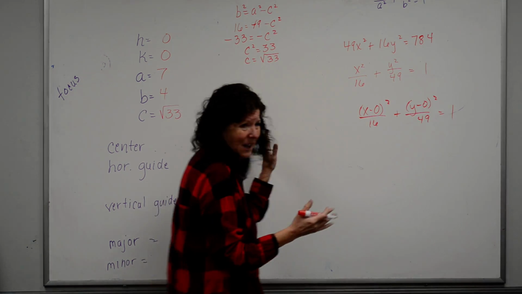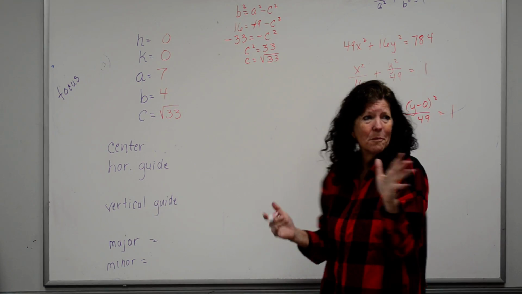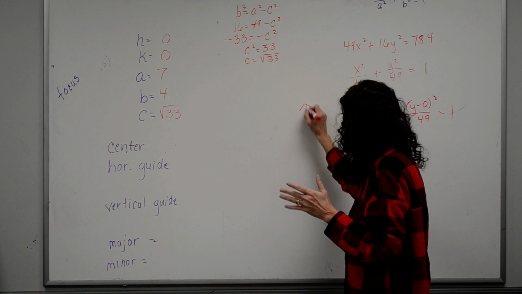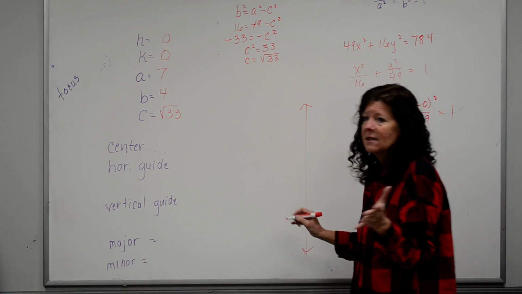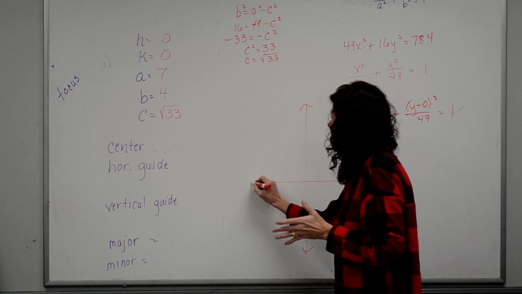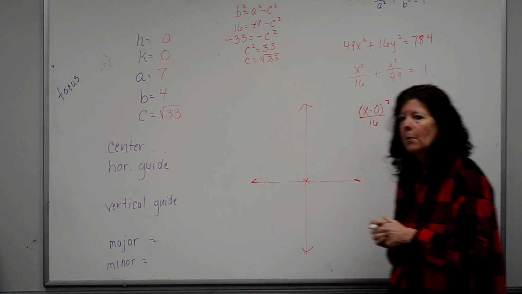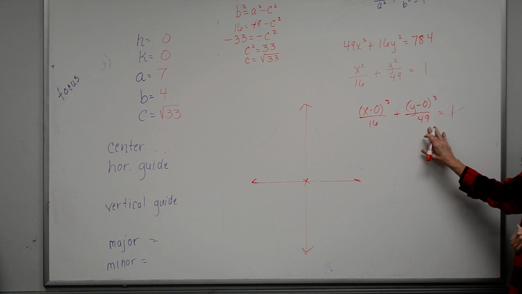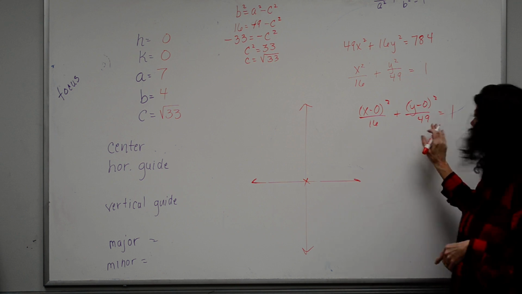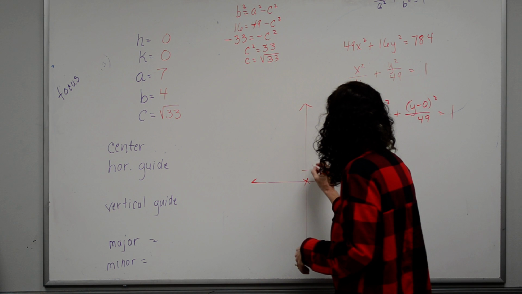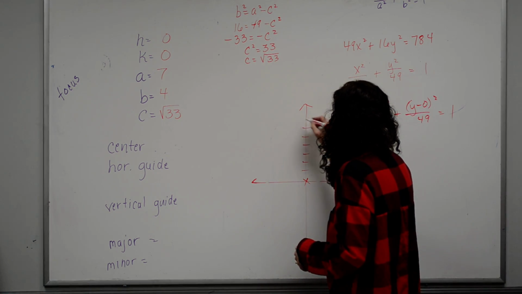Now, I can graph it first if I want, because the ellipse is one of my favorite ones to graph because it's very easy to do, especially when it's at 0, 0. So there's my center point. If I look at my equation, how many am I going to go up and down on my y from my center? 7, because the square root of 49 is 7. So 1, 2, 3, 4, 5, 6, 7.